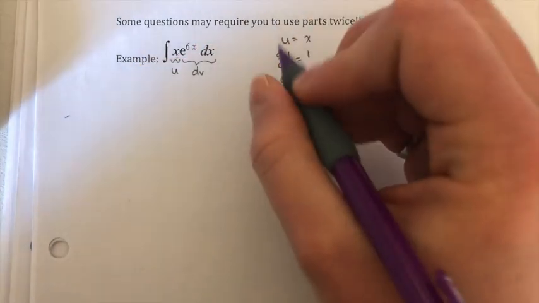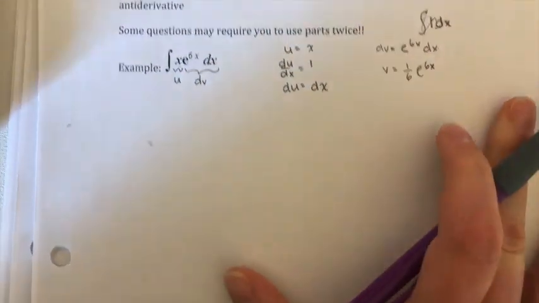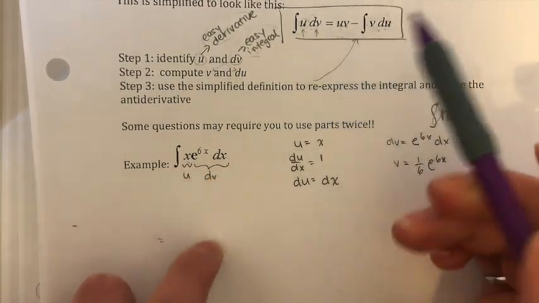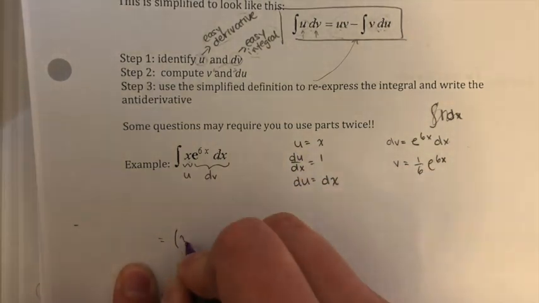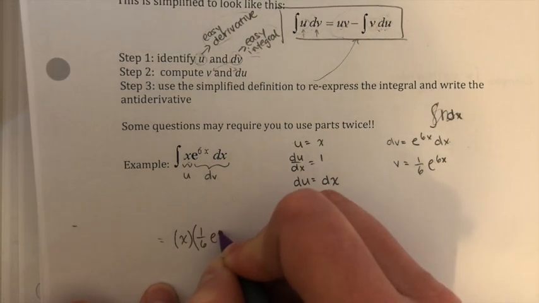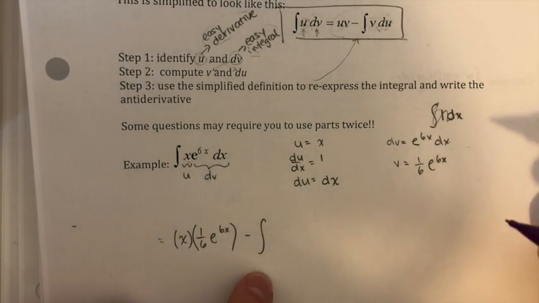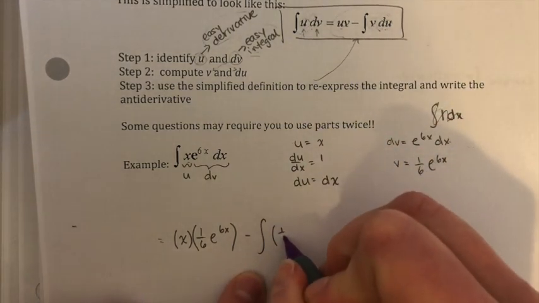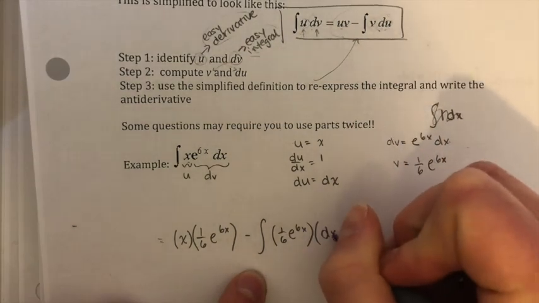Okay, so now that we've figured out what u, du, dv, and v are, we're going to use our formula up here to replace u dv with this, and it's going to be easier to integrate. So this is u, so u is x times v, so that's 1/6 e to the 6x, minus the integral of v, so 1/6 e to the 6x du, so dx.